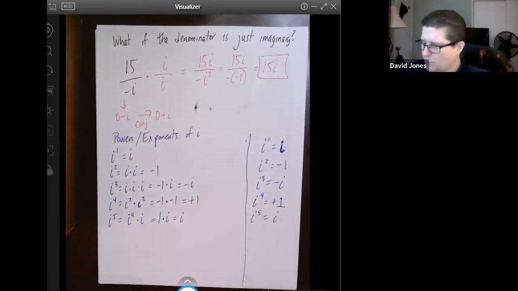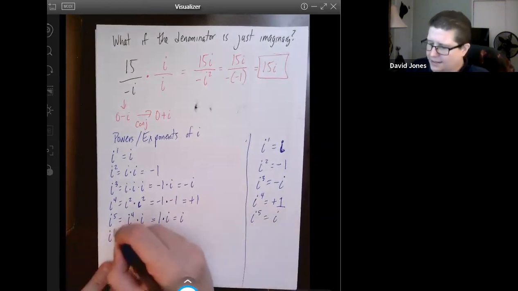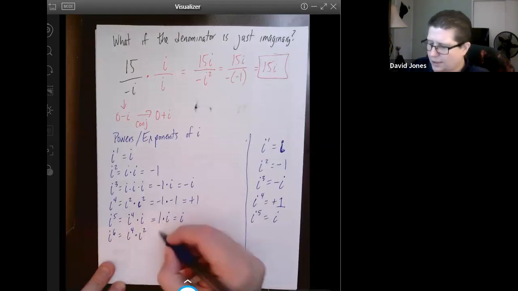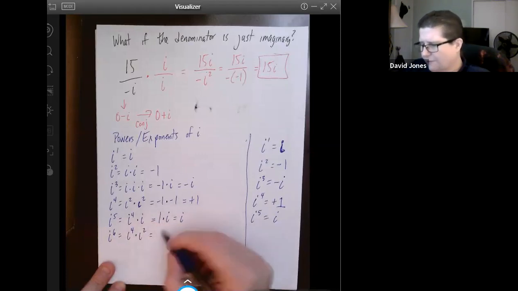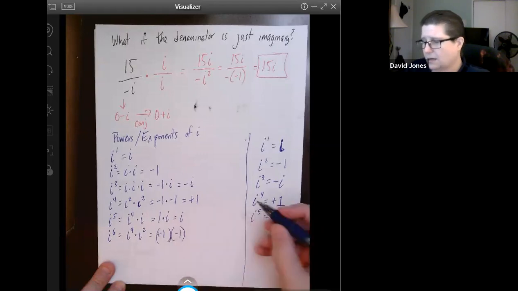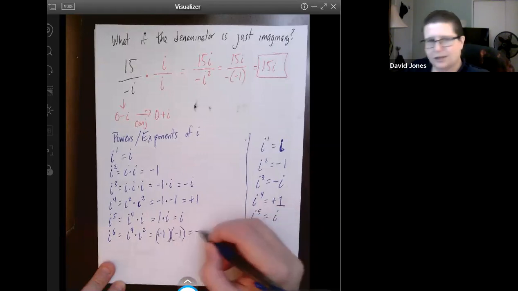And you'll start to see a pattern here. i to the 6th power, I could do as i to the 4th power times i squared. i to the 4th power is positive 1, i squared is negative 1, and multiplying those together gets me negative 1.